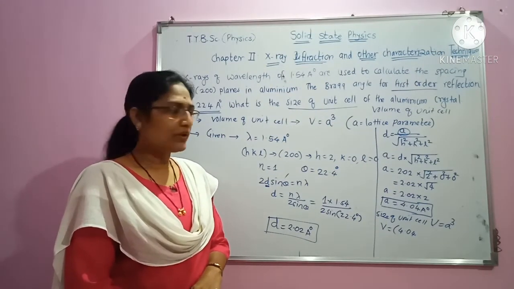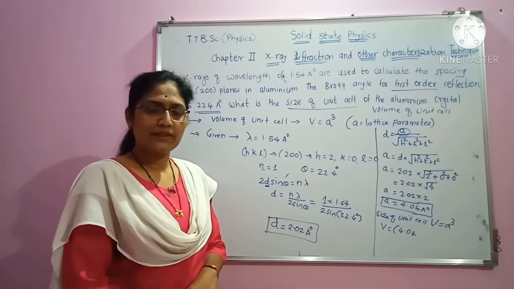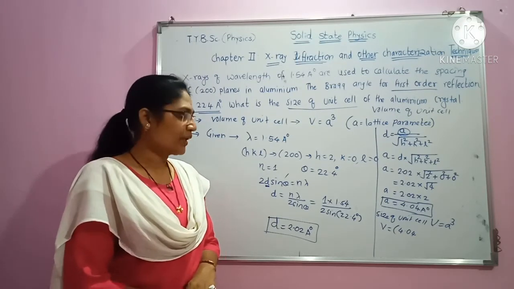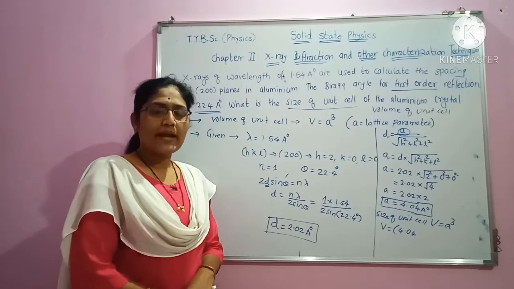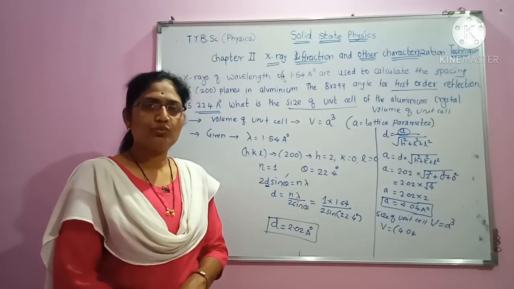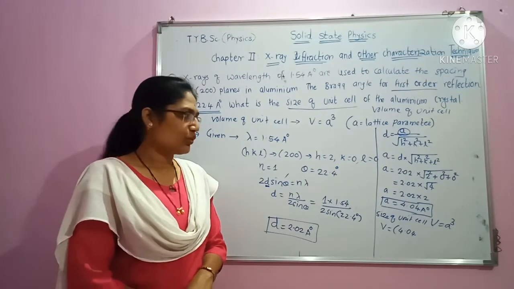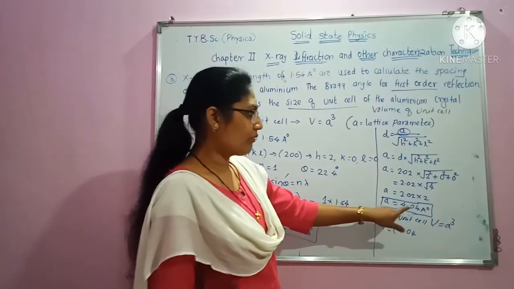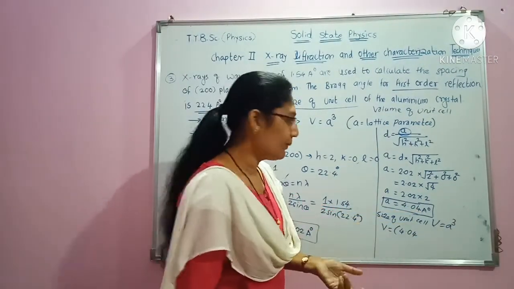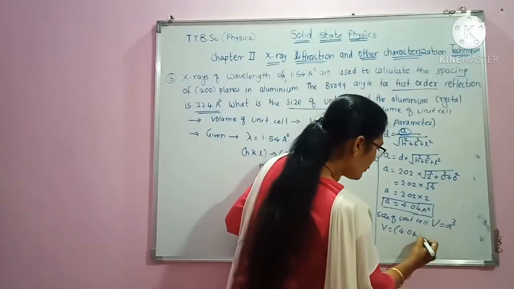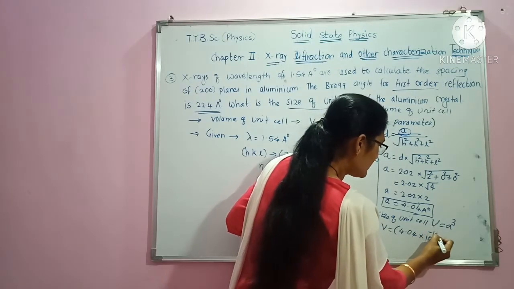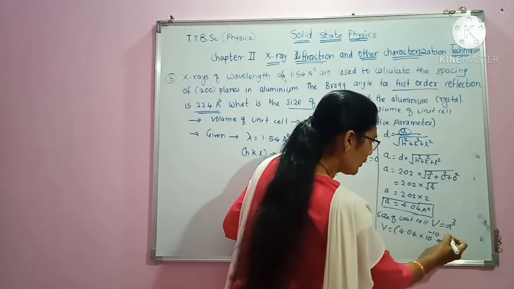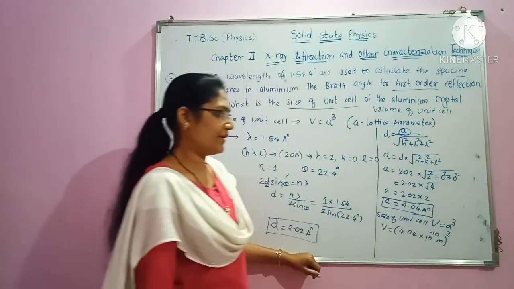So we will convert this angstrom unit either in centimeter or meter. So we know that 1 angstrom is equal to 10 raised to minus 10 meter. So we will substitute the value of this angstrom in meter. So 4.04 into 10 raised to minus 10 meter cube we have to find out.